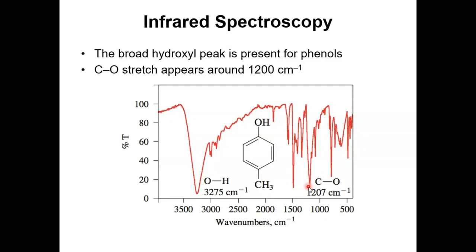The other difference is, in alcohol, you have an intense sp3 CH peak. In a phenol, if you have a CH3, as in this particular phenol, you still have sp3 CH, so you see something here. But if it's just unsubstituted phenol, you won't see anything between say 3000 and 2800.